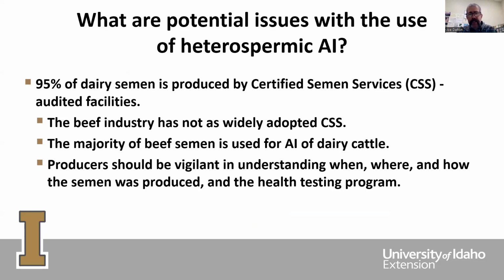I want to encourage producers, dairy producers especially, to be vigilant in understanding when, where, and how the semen was produced, and the health testing program that was in place at the AI facility. National Association of Animal Breeders and CSS have a great tagline: "Know your semen supplier." And that's really important.